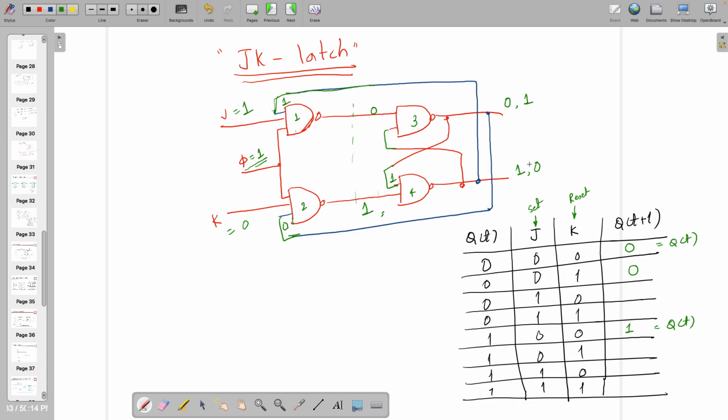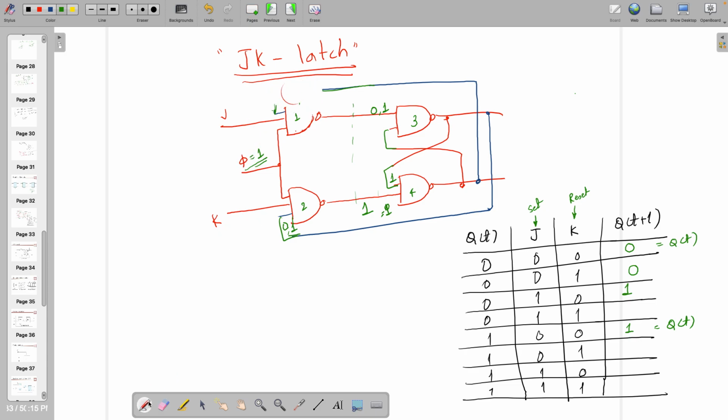And you can check for the rest of the cycles also, this 0 will go here, this will become 1, this 1 is coming here, this will become again 1, so it will latch the previous thing, means 1 and 0. So this will become 1 again, means J equal to set. Is it okay?